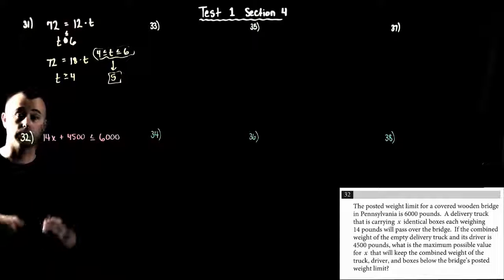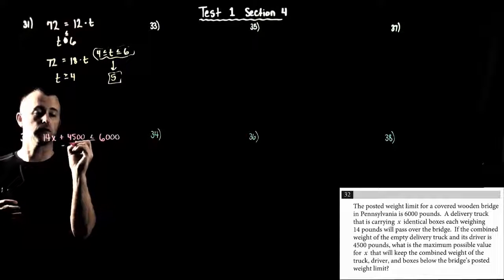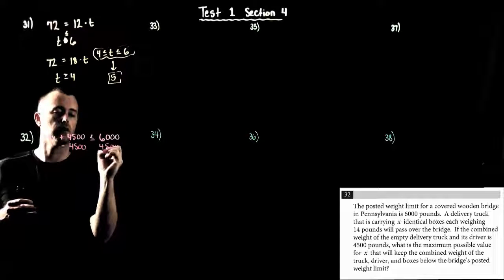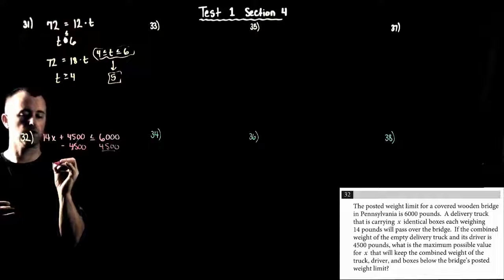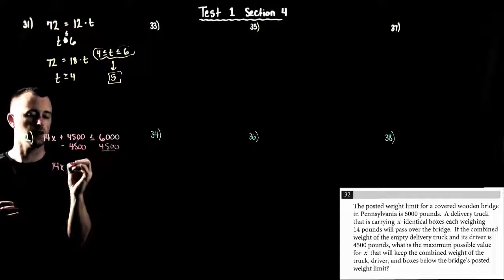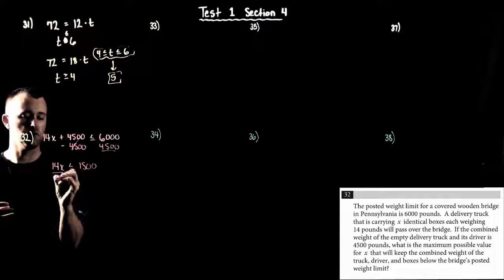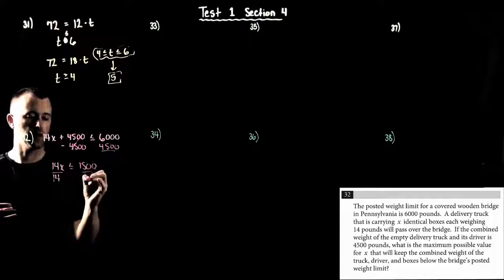So I'm going to solve this for x to see how many boxes I can have. I'm going to subtract 4,500 from both sides. So that here is going to cancel. We get 14x less than or equal to 1,500. And then we're going to divide by 14 on both sides.